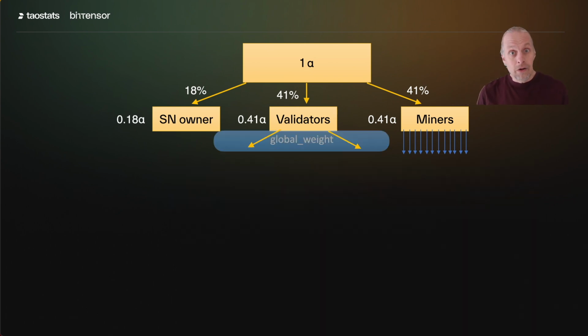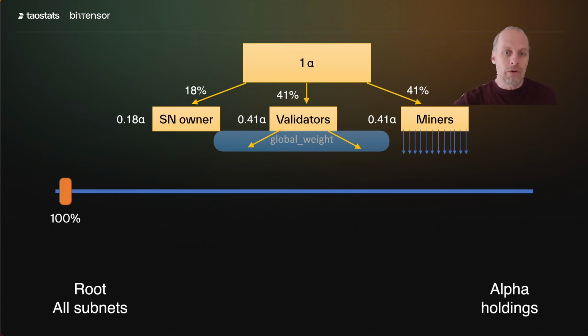For validators, we need to take two things into account. The amount of tau staked globally on other subnets and on root, and also the amount of tau staked locally on the subnet. And so there's a global weight parameter for every single subnet. And that global weight parameter starts off at 1 for all global, 100% on global.